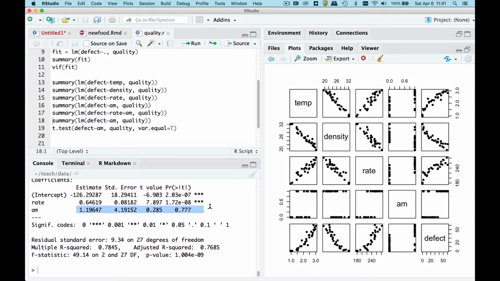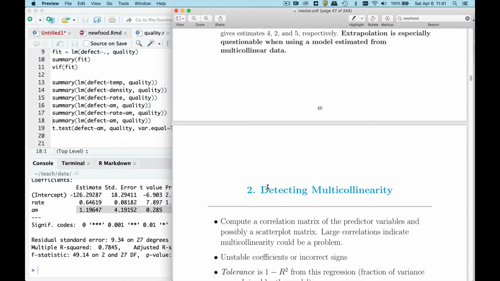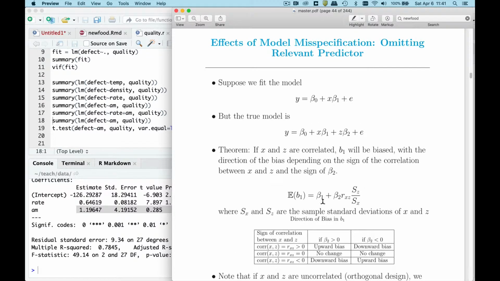So then the question is, which model do we trust? And the answer is we're going to trust this model, because rate is one of those omitted variables. If we were to leave it out, it would be an omitted variable. Let's go back to the course packet and my omitted variable bias, and you can see it again here. In this case, beta 2 would be the effect of rate, which is positive. The correlation between rate and shift was also positive.